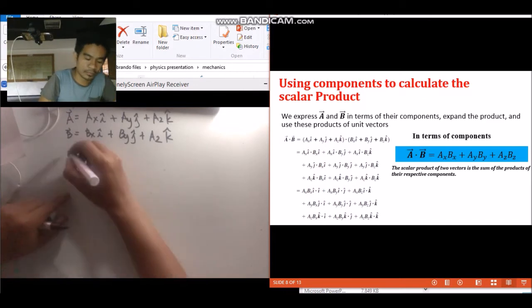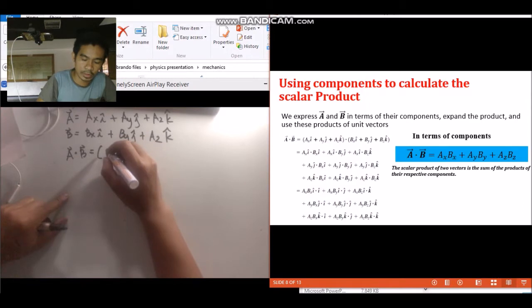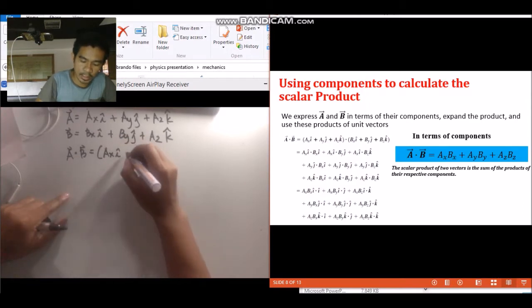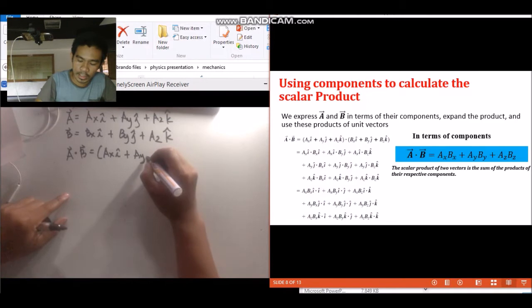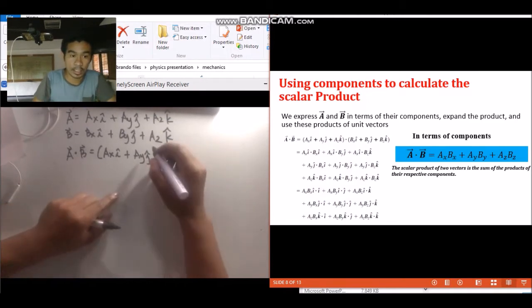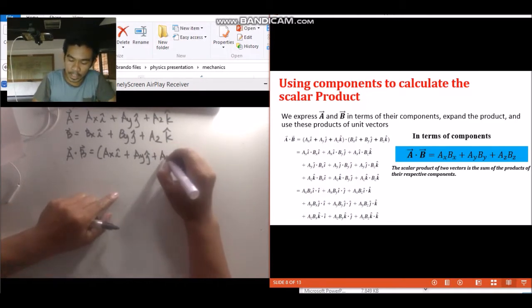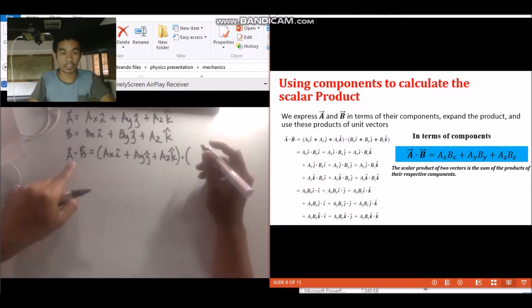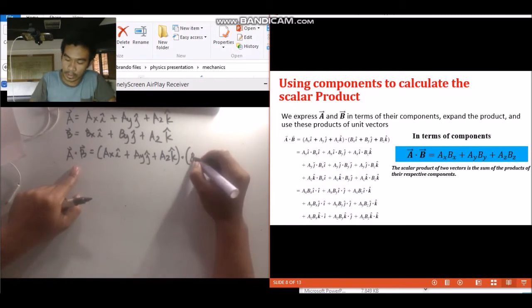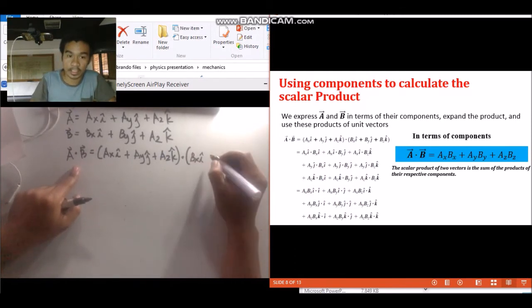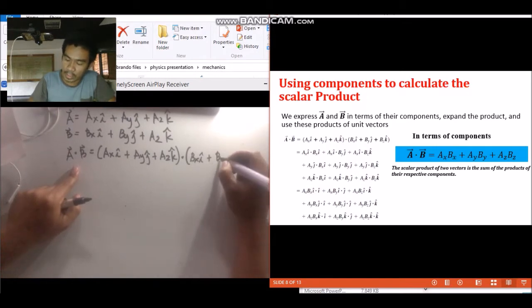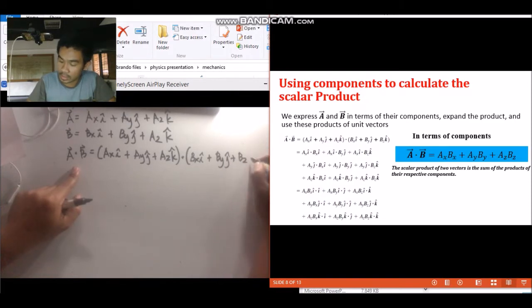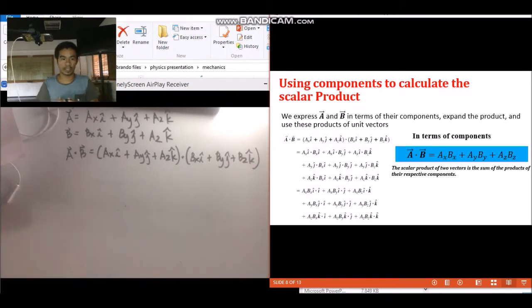Alright, and then vector a dot vector b is just equal to ax i hat plus ay j hat plus az k hat, dot, since that's the dot product, vector b: bx i hat plus by j hat plus bz k hat.